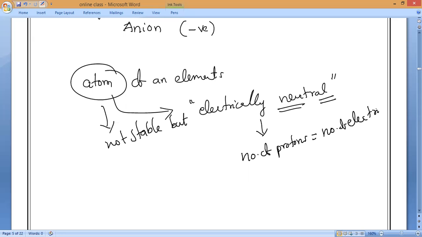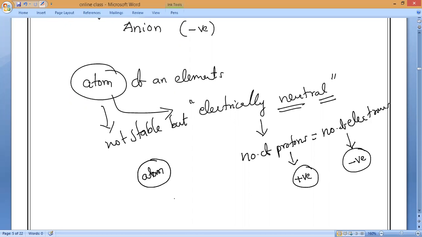What is the charge of a proton? Arun, what is the charge of a proton? Positive charge, and the charge of electrons is negative. So for a given atom, if I say 10 protons, then definitely it will have 10 electrons.